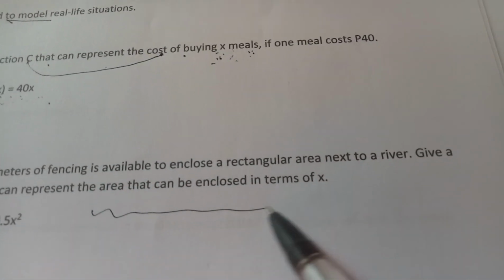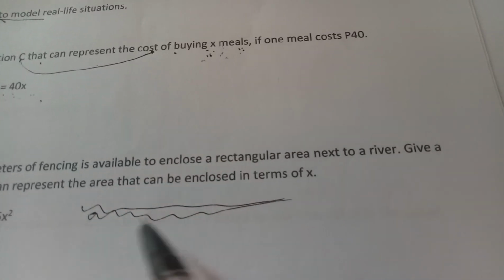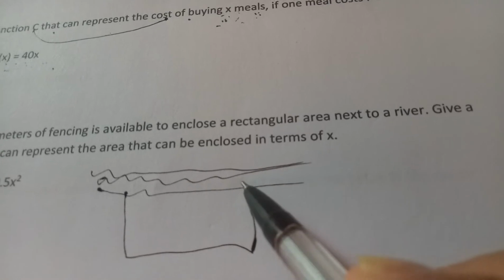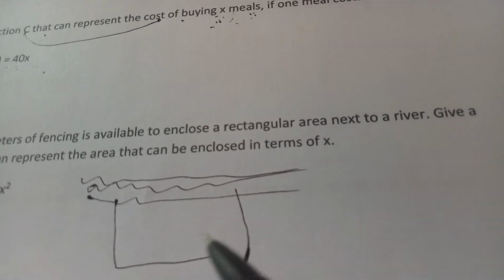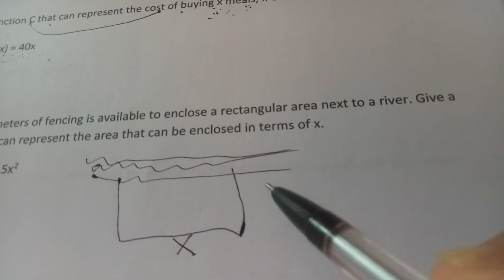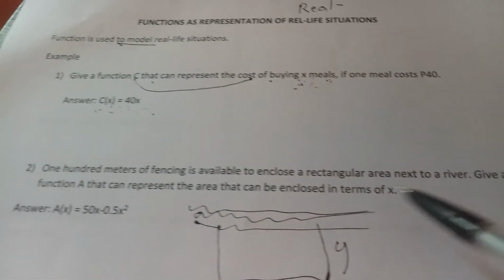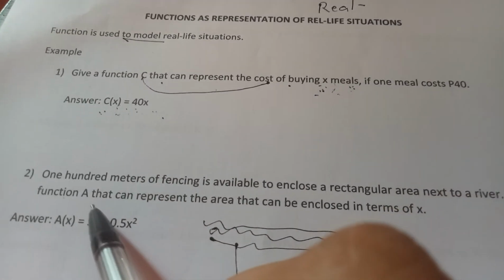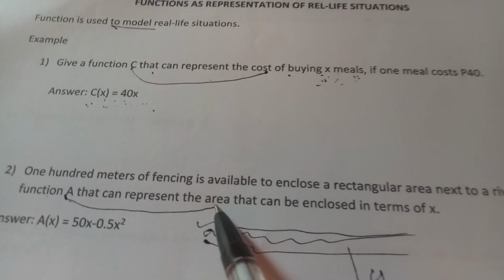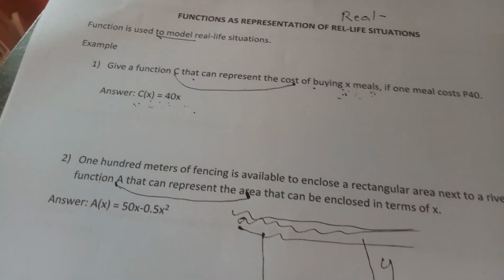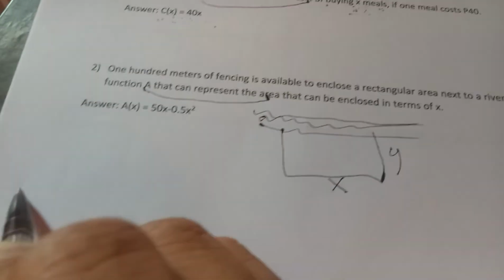Okay. Next. 100 meters of fencing is available to enclose a rectangular area next to a river. Let us illustrate this. If this is the river, ayan yung water, and then meron tayong rectangular area, ito yung area ng lot. Let this be x and let this be y. Give a function A that can represent the area. A is the area that can be enclosed. What is the formula for the area of a rectangle?